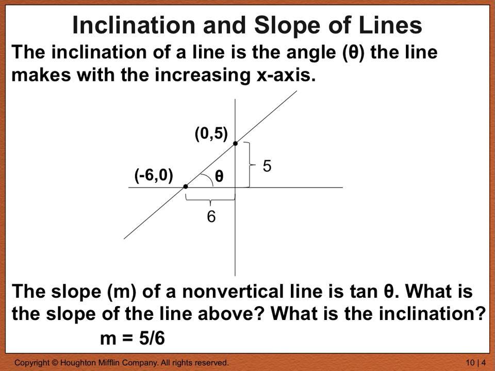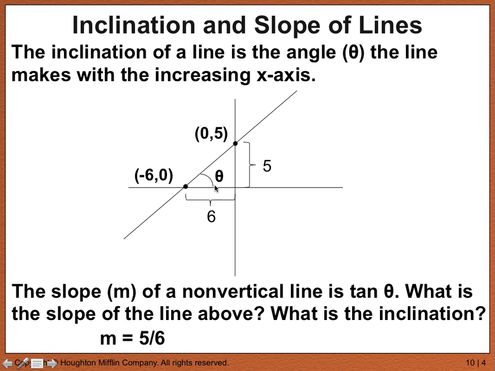Rise over run, rise 5, run 6, so 5/6 is my slope. Now a little bit harder, what is the inclination? Well, we know just from the drawing that our inclination is theta by definition, because it's the angle that the line makes with the increasing x-axis.